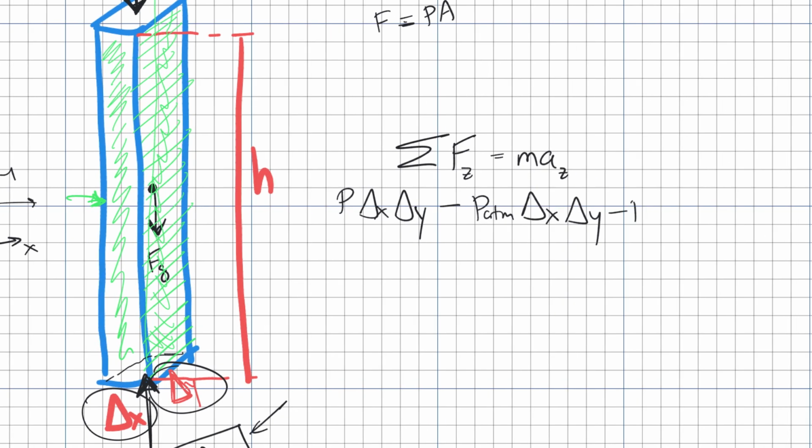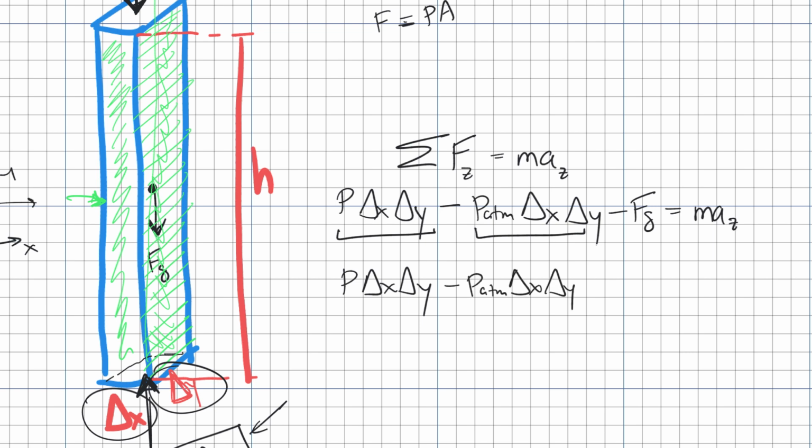Minus the force of gravity, or the weight, equals the mass times acceleration in the z direction. Usually at this point, we're going to want to start expanding these things. These are already expanded, so I'm just going to recopy that: P delta x delta y minus P atmosphere times delta x delta y minus.